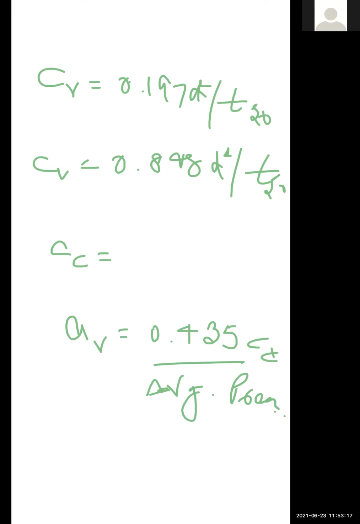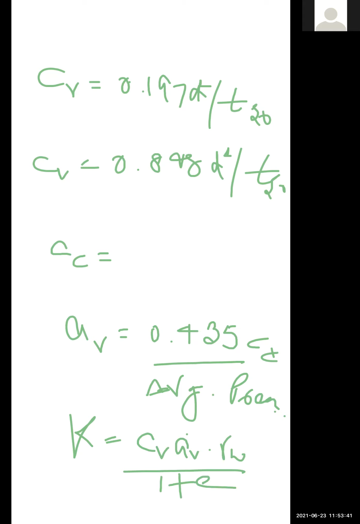Next is the coefficient of permeability, that is k. It is calculated as k equal to Cv av gamma w divided by 1 plus e, where gamma w is the unit weight of water.